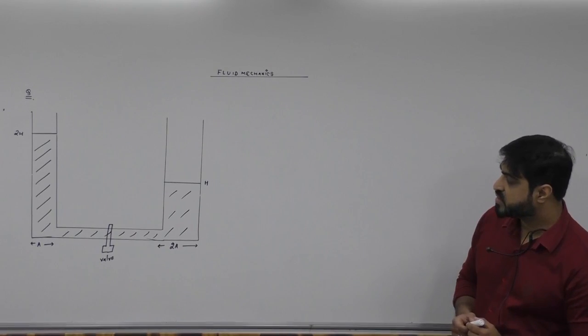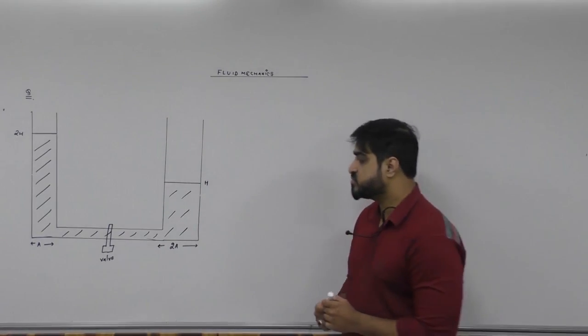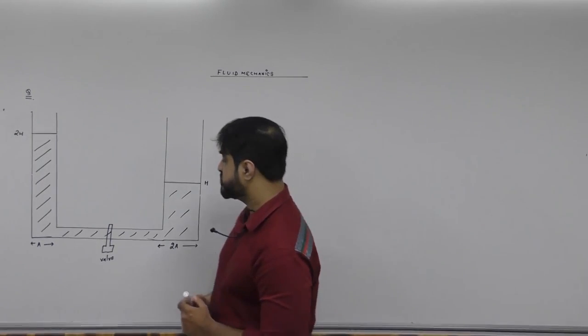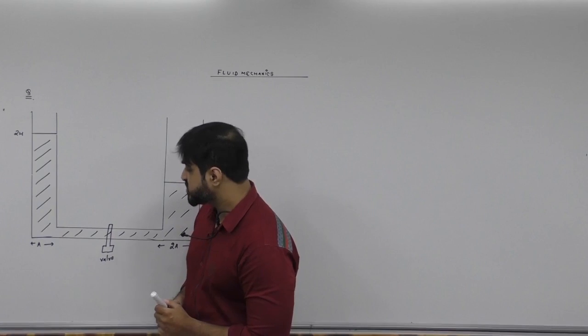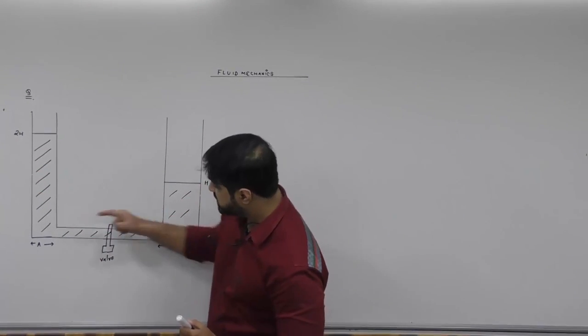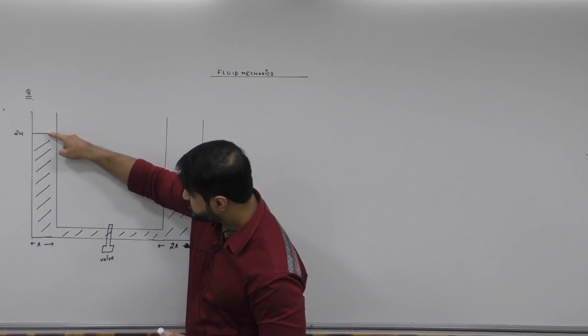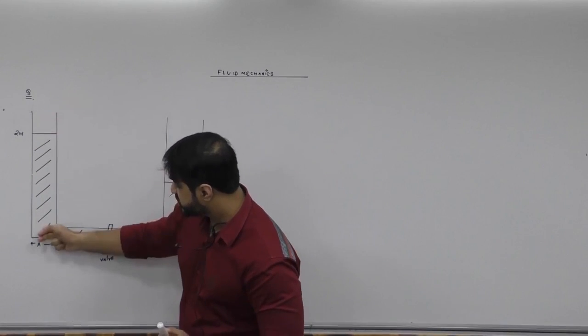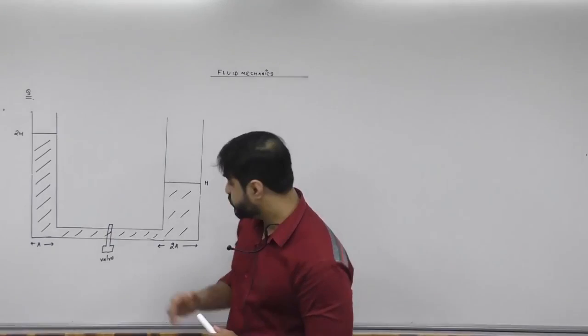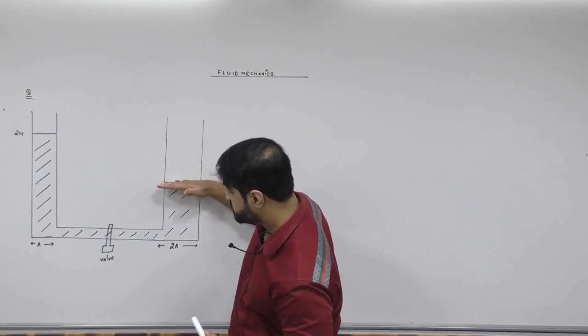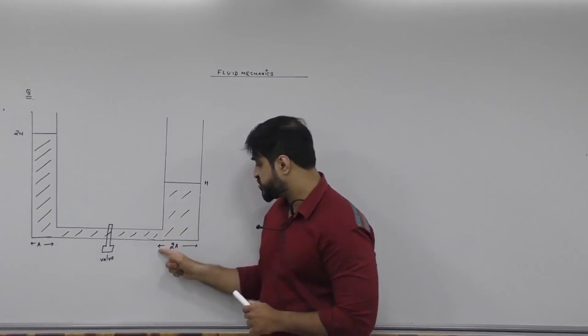Okay, so what are they telling you? This is the liquid which is there. It is rising up to a height of 2h in a container of area of cross section A, and over here the height is h, the area of cross section over here is 2A.